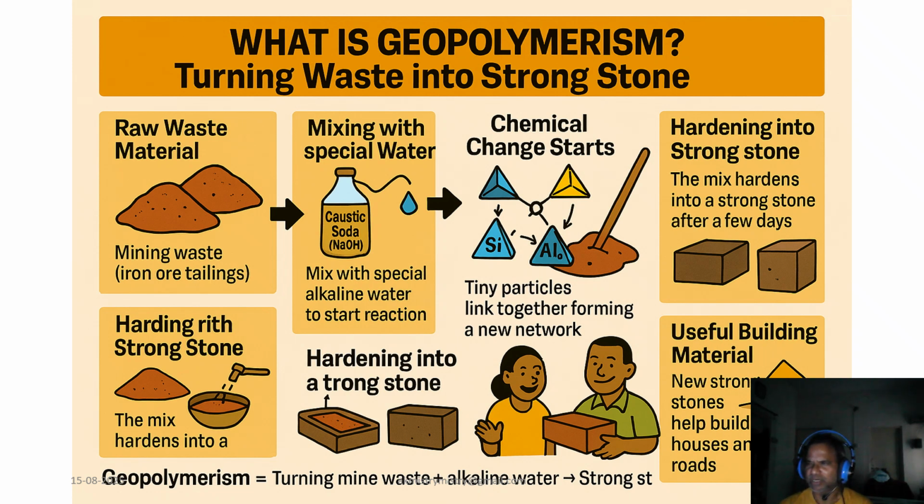Step 4, over a few days the mixture hardens into solid stone-like material. Step 5, this strong stone can be used to build houses, roads and other infrastructure. This process reduces mining waste and supports sustainable construction.